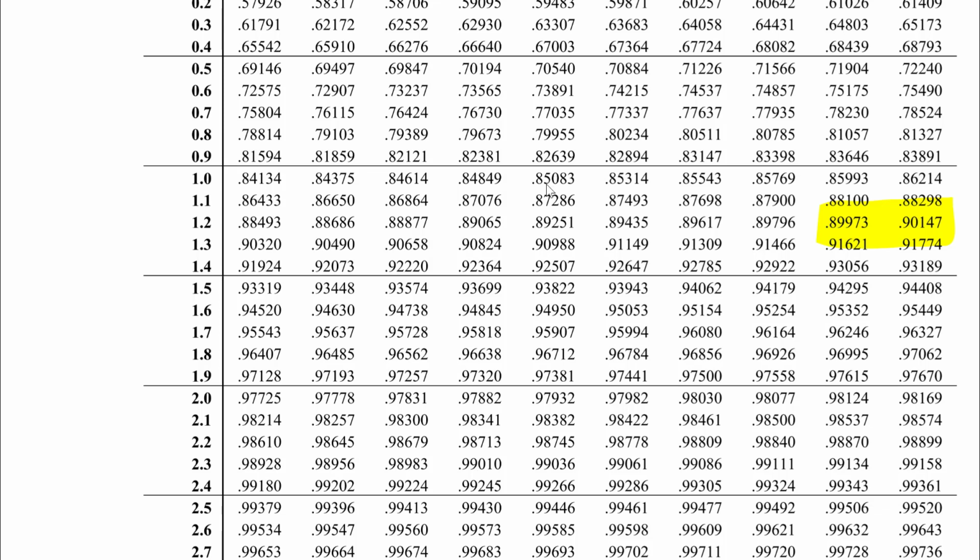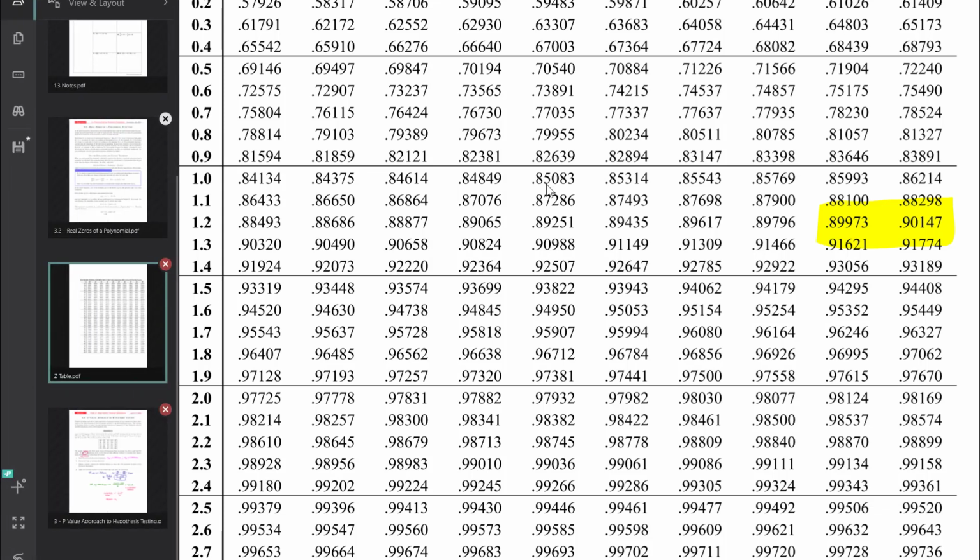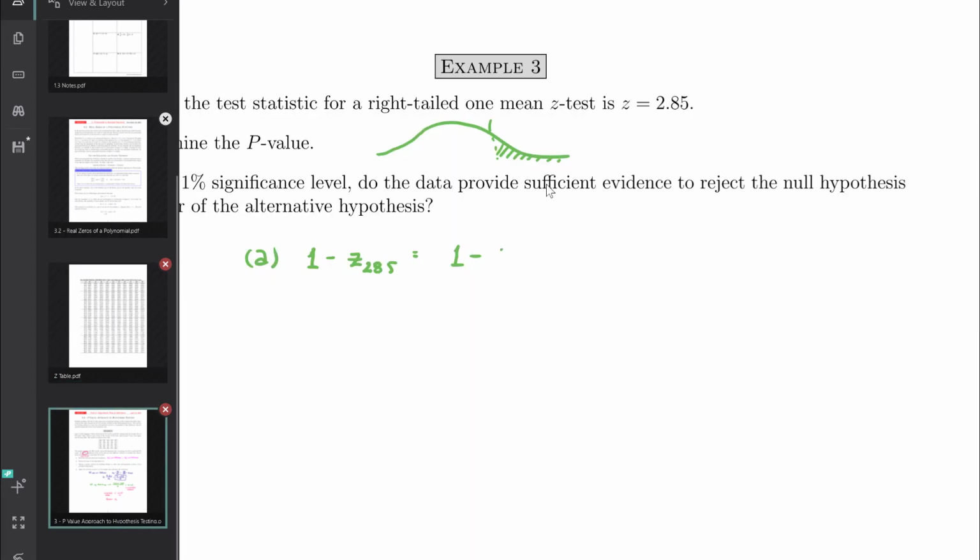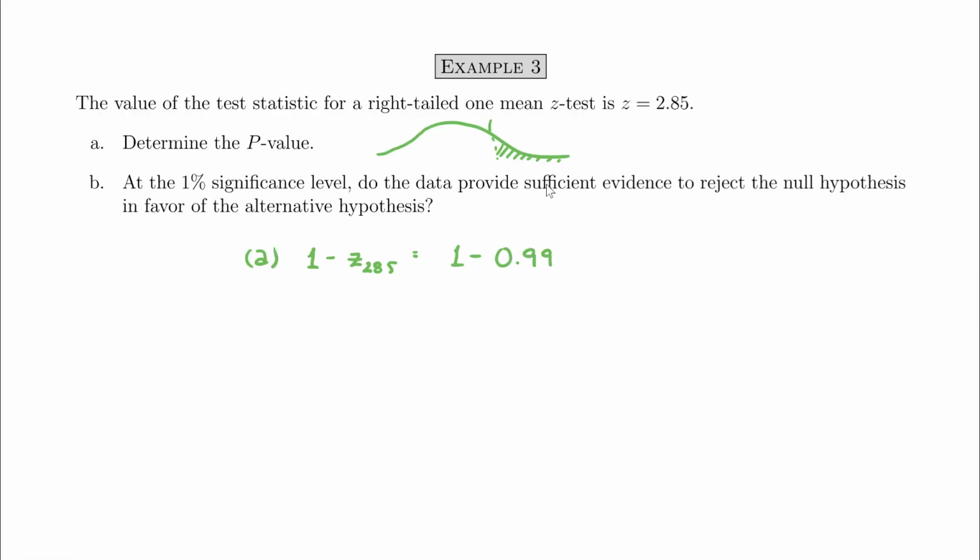So we will subtract that from 1, and we're going to get something that is approximately equal to 0.0022.